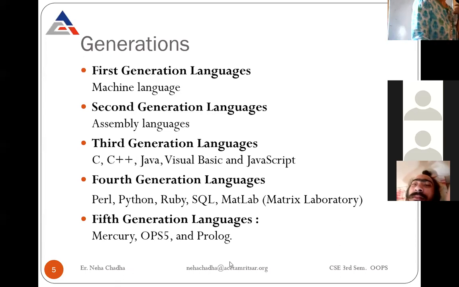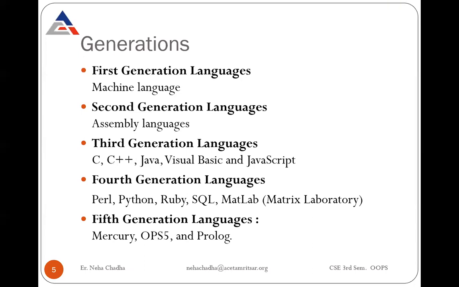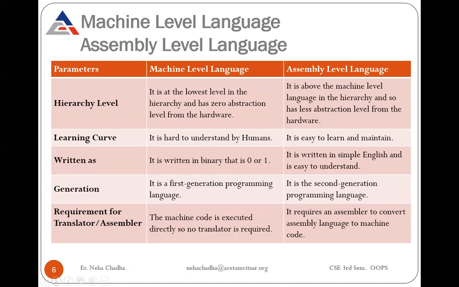Then comes the difference between machine level language and assembly level language. In the hierarchy, machine level language is the lowest level and has zero abstraction from the hardware. It means it is at the bottom.